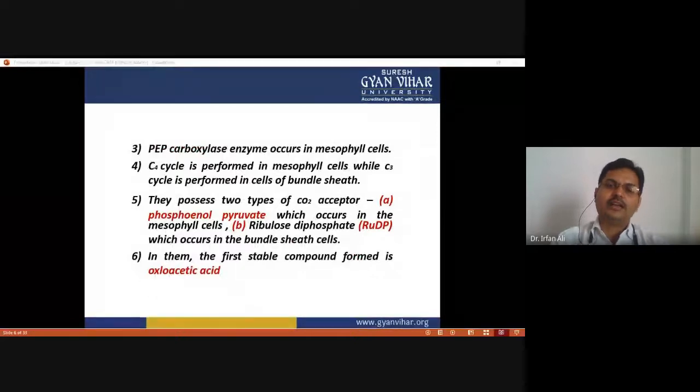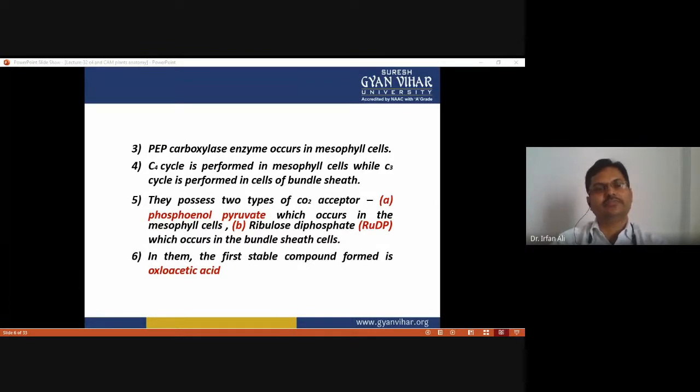Now, another difference between the C3 and C4 plant is the presence of an enzyme. There is an additional enzyme found in the C4 plant, that is PEP carboxylase in mesophyll cells.